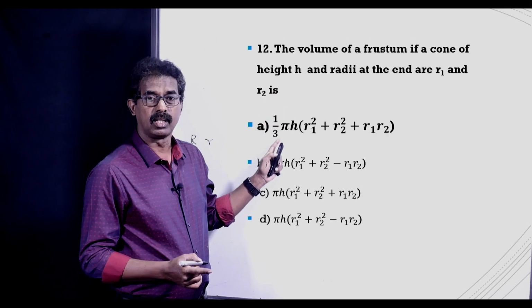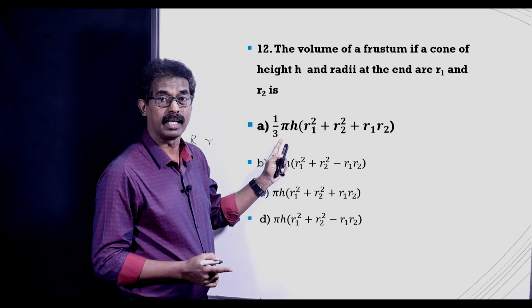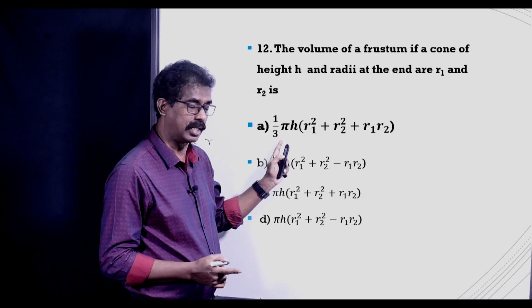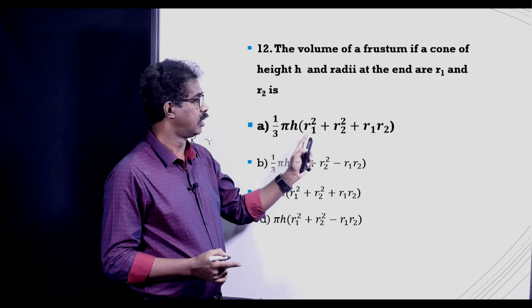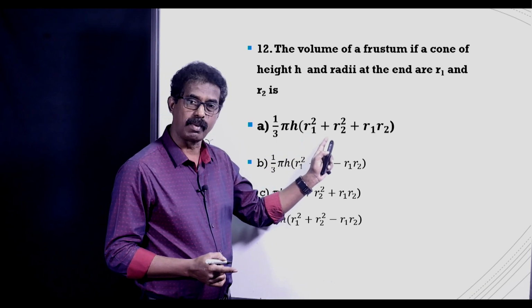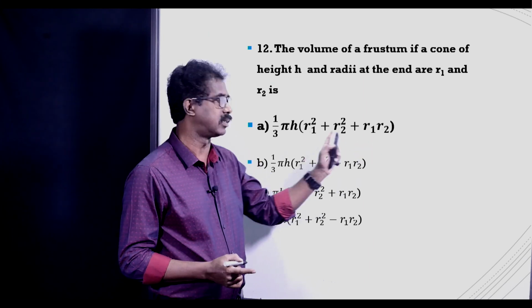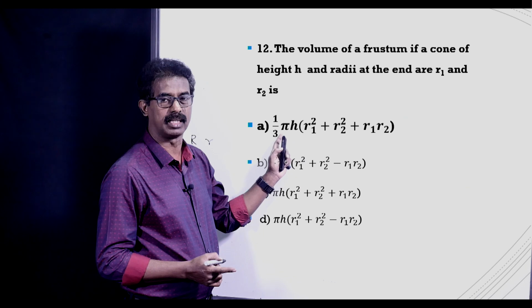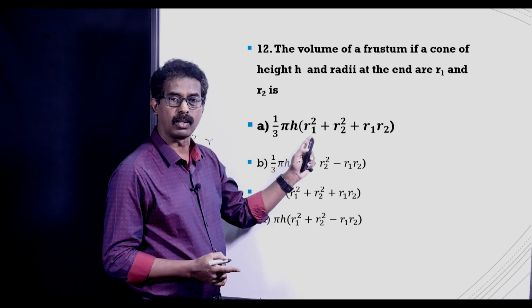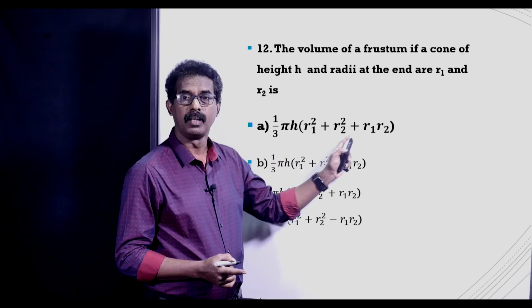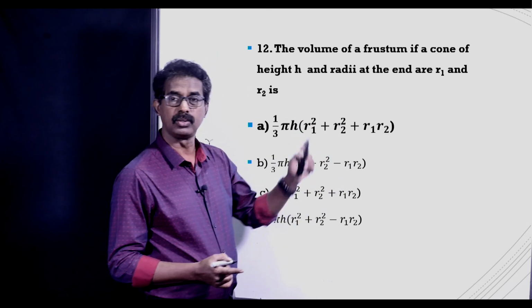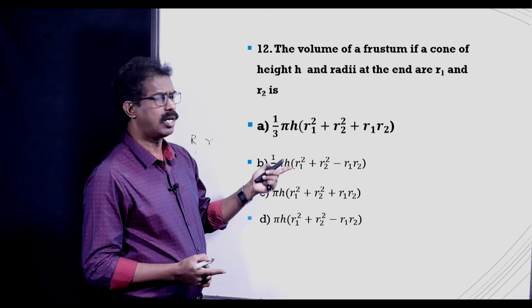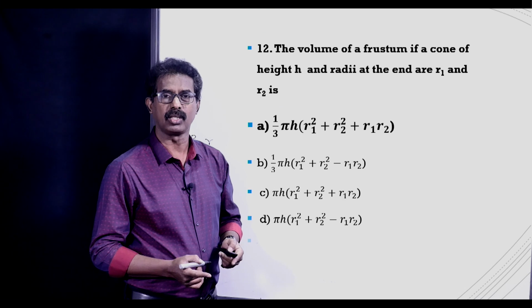So the formula is pi h by 3, not 6, pi h by 3 into R square plus small r square plus Rr. So the answer is 1 by 3 pi h (R1 square plus R2 square plus R1 into R2). That is the correct answer. Volume, while doing the sum, you write cubic units also.